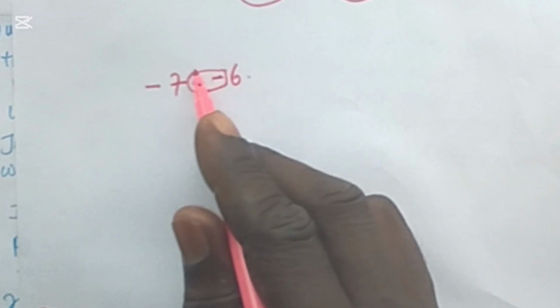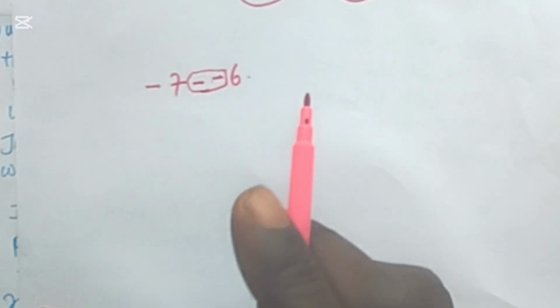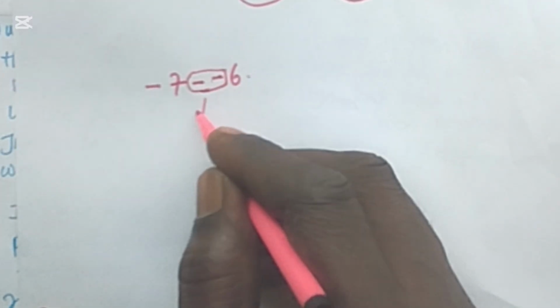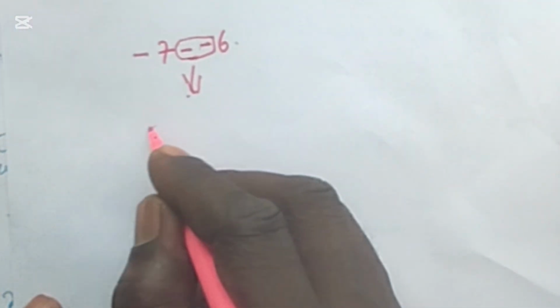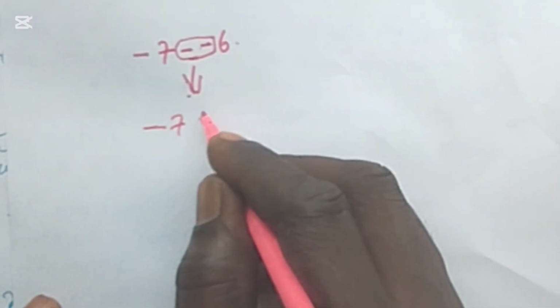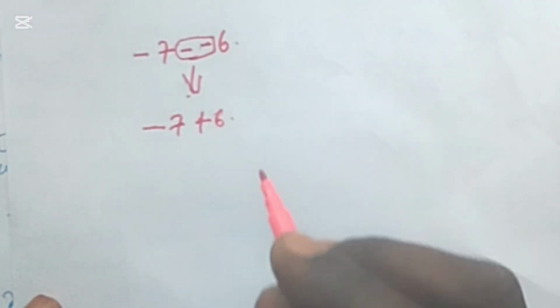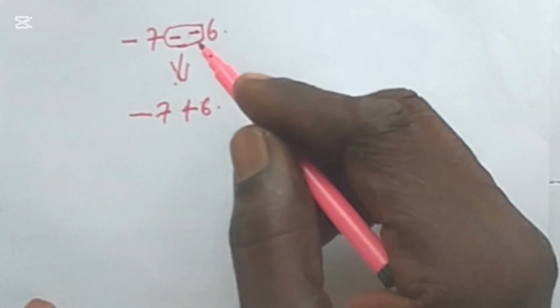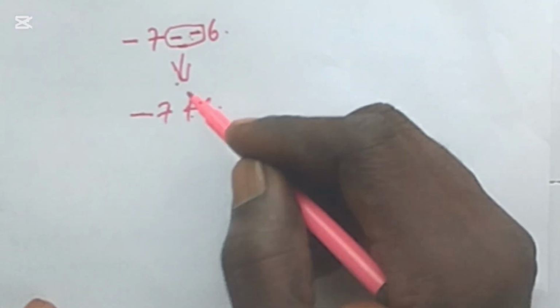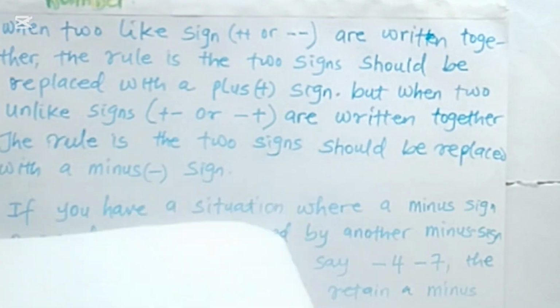The rule says that in place of these two like signs, introduce a plus sign. So this is going to become minus 7 plus 6. The two like signs have become a plus sign. So that is what the rules simply say.